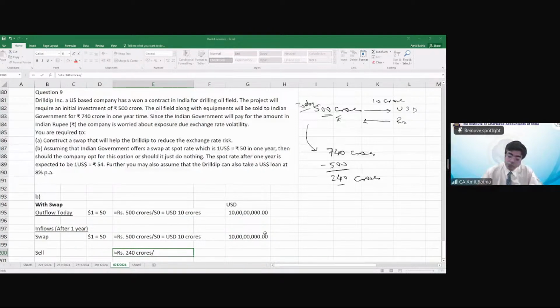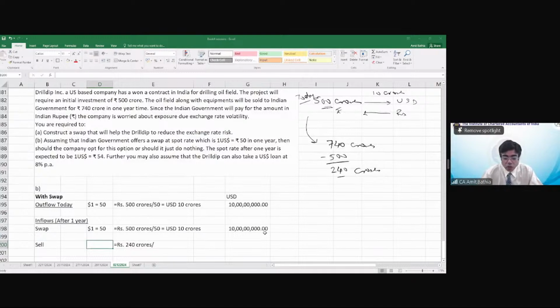At what rate? Because there is no cover which we have got over here. Swap was not there for this one. So this I will have to convert at what rate? 54.84, which is going to be my rate at that particular time. So how much will this turn into? Equal to 4.45 crore.